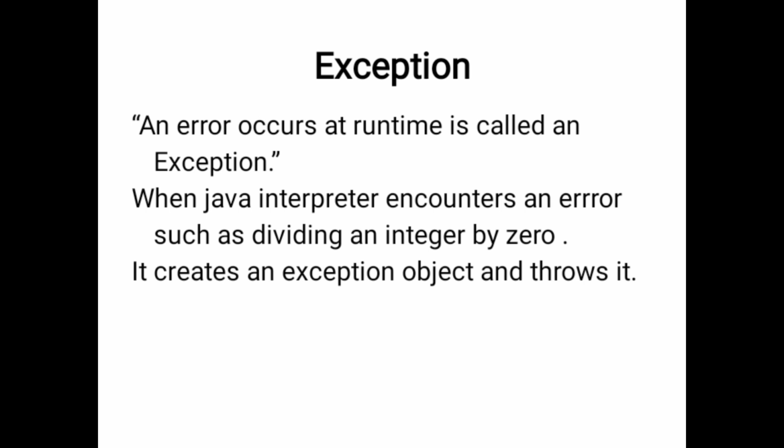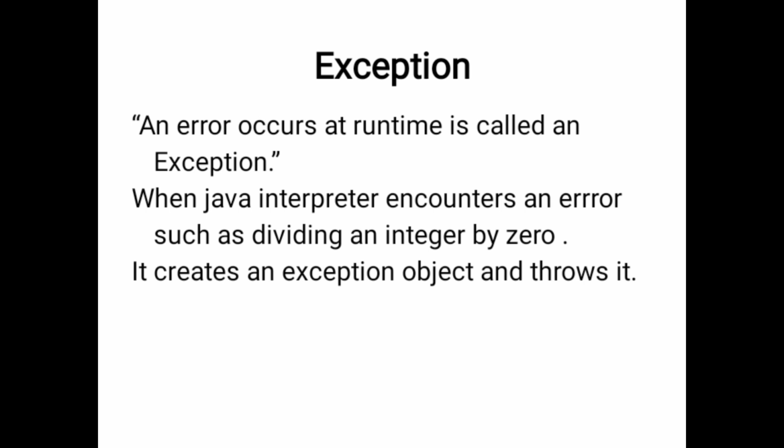If the exception object is not caught and handled properly, the interpreter will display an error message and will terminate the program. If you want the program to continue executing the remaining code, then we should try to catch the exception thrown by the error condition and display an appropriate message for taking corrective actions.